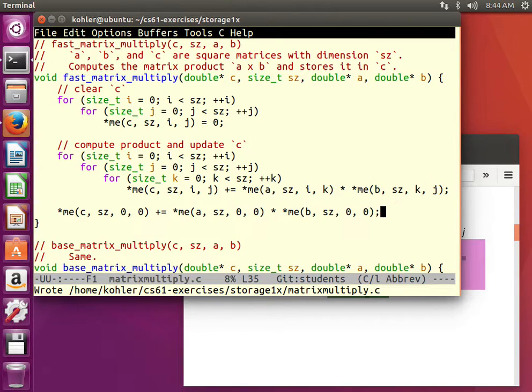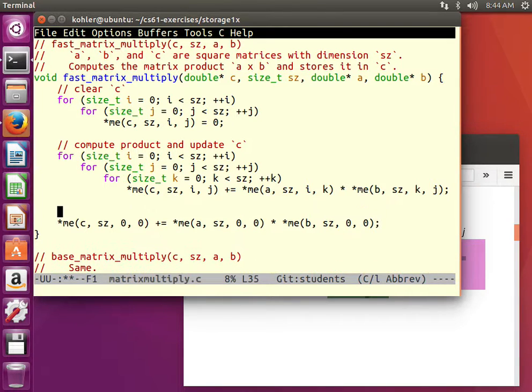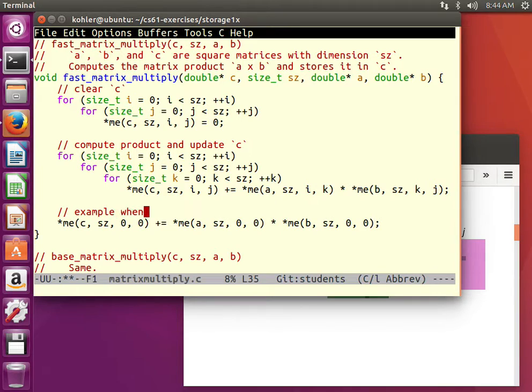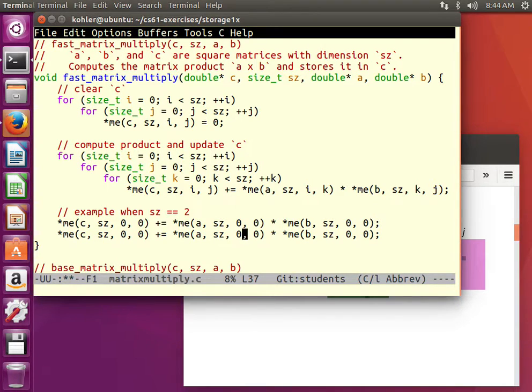Okay? So i is 0, j is 0, k is 0. So this is an example when size equals 2.